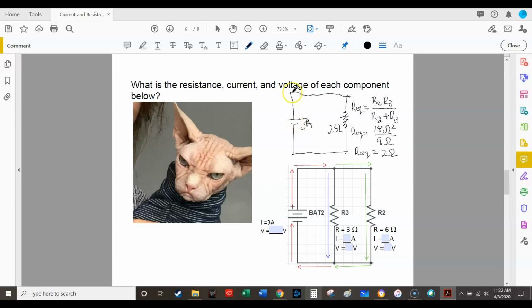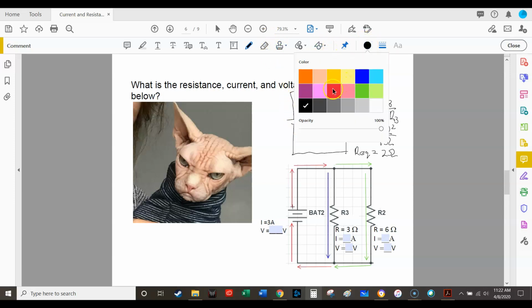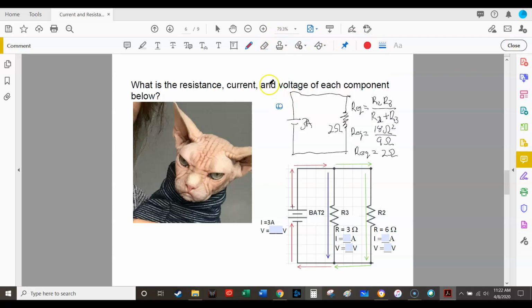So that means 3 amps is leaving, and I'm going to draw that here. That 3 amps is coming across, and red is 3 amps going down, going back across, and coming back in. And this is 3 amps at all points.